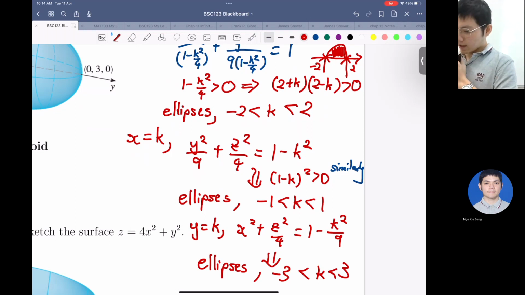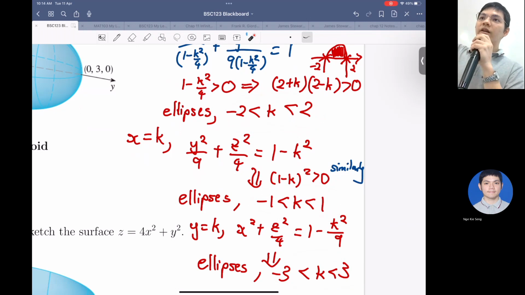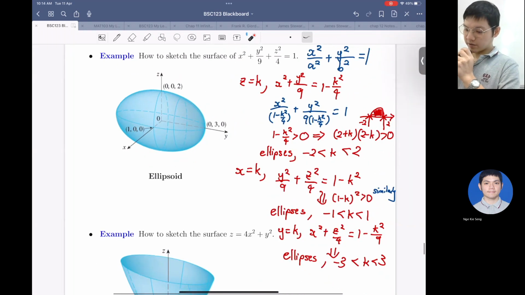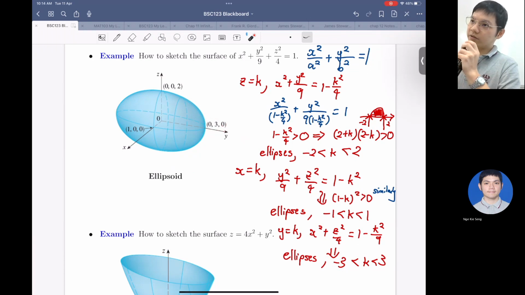So this k gives you the range of x, y, and z. Your range starts from your intercepts. In particular, for z you have 0, 0, 2 and the other side is 0, 0, -2. For y you get 0, 3, 0 and 0, -3, 0.